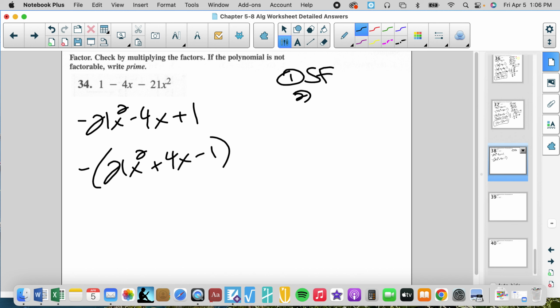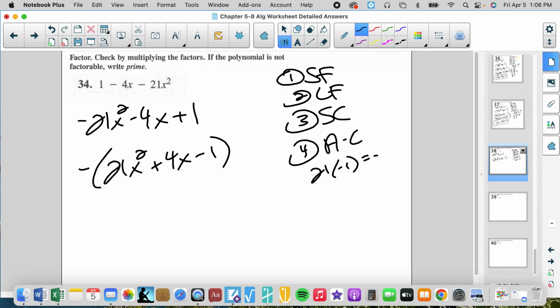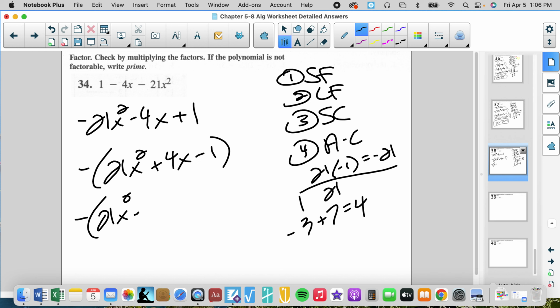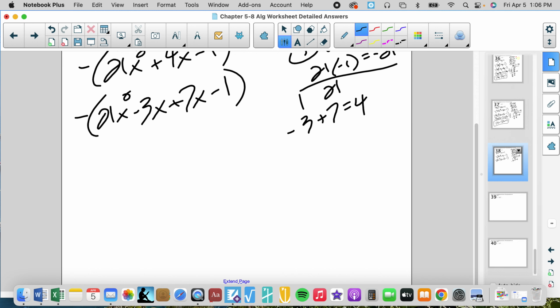Standard form, common factor, special case, a times c, 21 times negative 1, negative 21, 1 and 21, 3 and 7, bigger's positive, 21x squared minus 3x plus 7x minus 1. Factor out 3x.